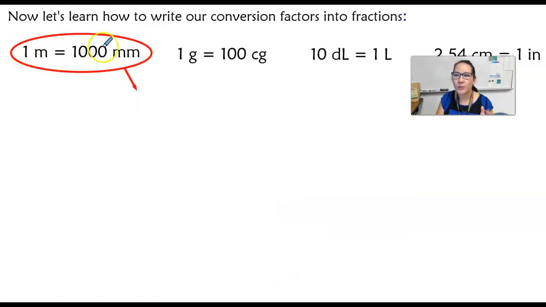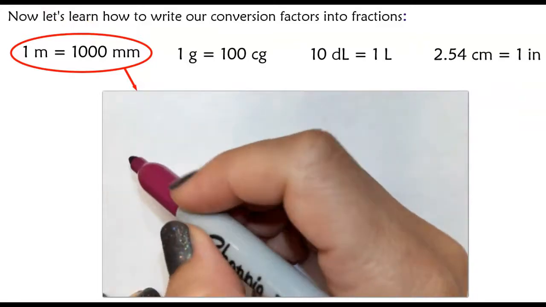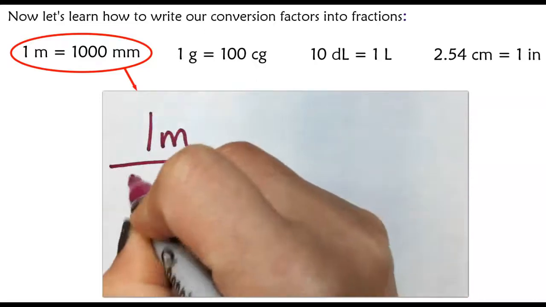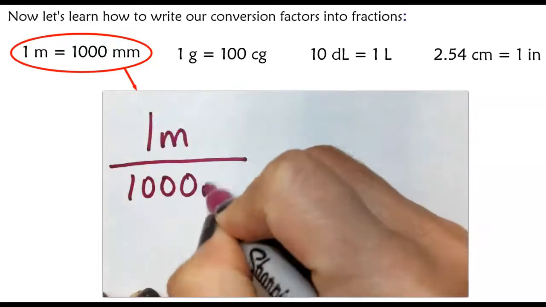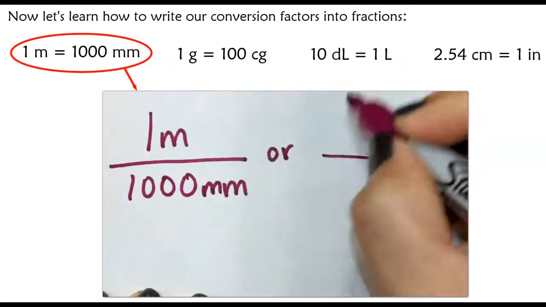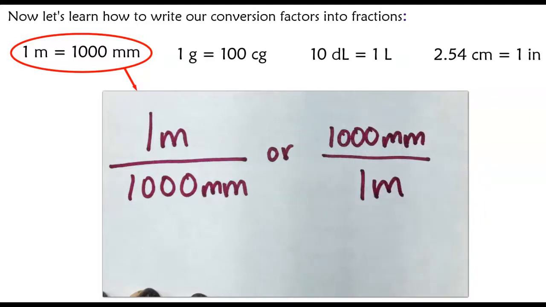So now let's practice writing these in their fraction form. So 1 meter equals 1,000 millimeters can be written as 1 meter over 1,000 millimeters. Or we can have the inverse where you have the 1,000 millimeters over the 1 meter.